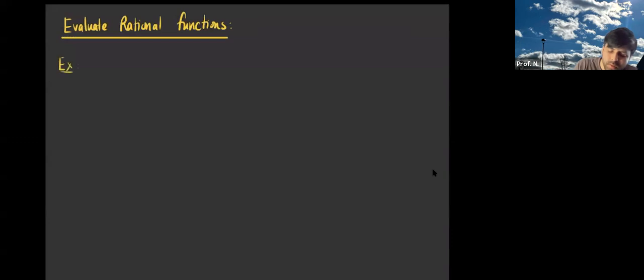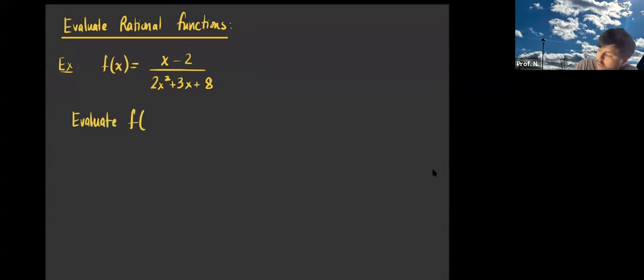So if I have a function such as f of x equals x minus 2 all over 2x squared plus 3x plus 8, and I want to evaluate f of 3, for example, all I have to do is plug in 3 wherever I see x. So this becomes 3 minus 2.